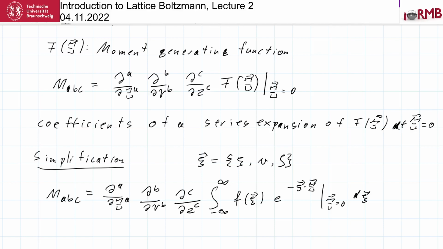So you can simplify this integral to something much simpler, namely the integral from minus infinity to infinity of f of xi, and what is left is xi to the power of a, upsilon to the power of b, and zeta to the power of c, d xi.